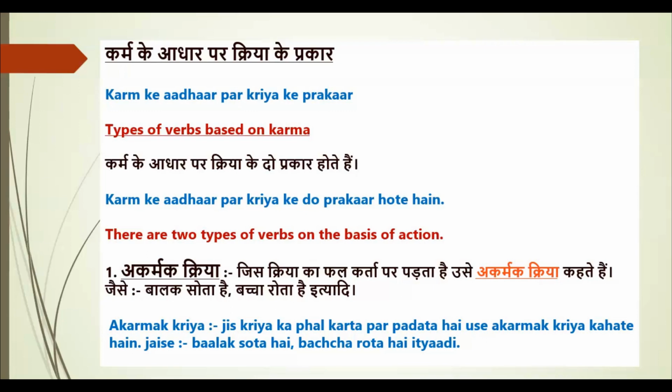The first one is akarma kriya. So let's go through the definition of akarma kriya. जिस क्रिया का फल कर्ता पर पड़ता है उसे अकर्मक क्रिया कहते हैं. जैसे बालक सोता है, बच्चा रोता है इत्यादि.